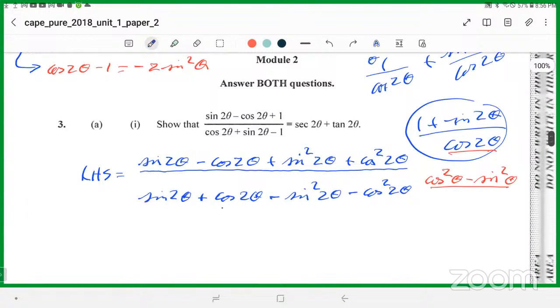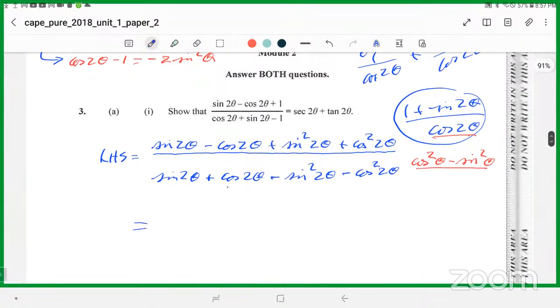I'm going to try to factorize now. So I'm going to factorize the sine and then factorize the cos and see if we get some common factors. Let's factorize the sine first. It's not gonna work.